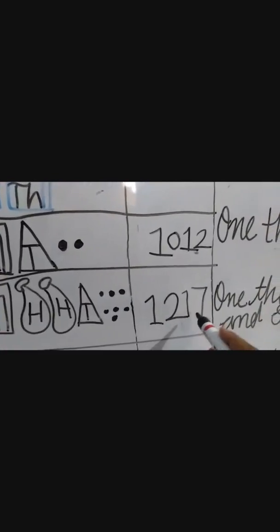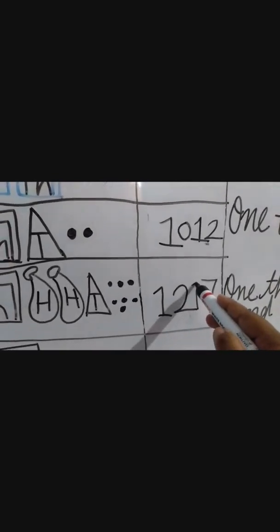How many hundreds are there? 1, 2. And how many thousands? Only 1. So 7 units, 1 symbol of tens, I have written 1. 2 symbols of hundreds, I have written 2. And 1 symbol of thousands, I have written 1. Count only how many symbols are there and write the numbers here. Understood? Then 1, 2, 1, 7.